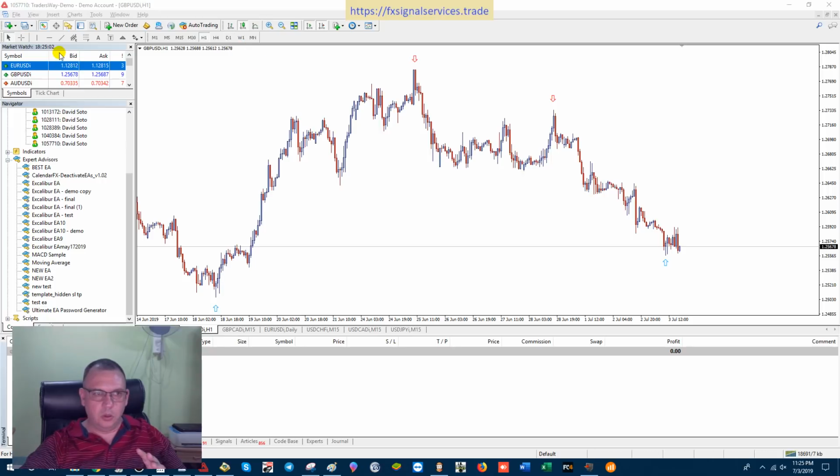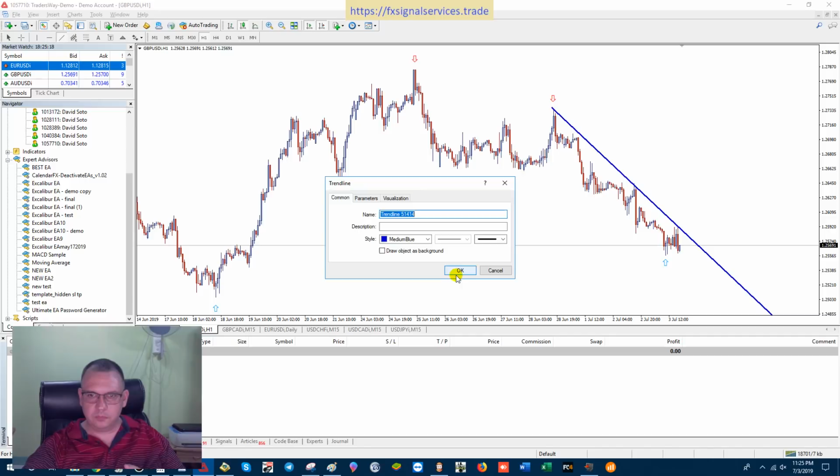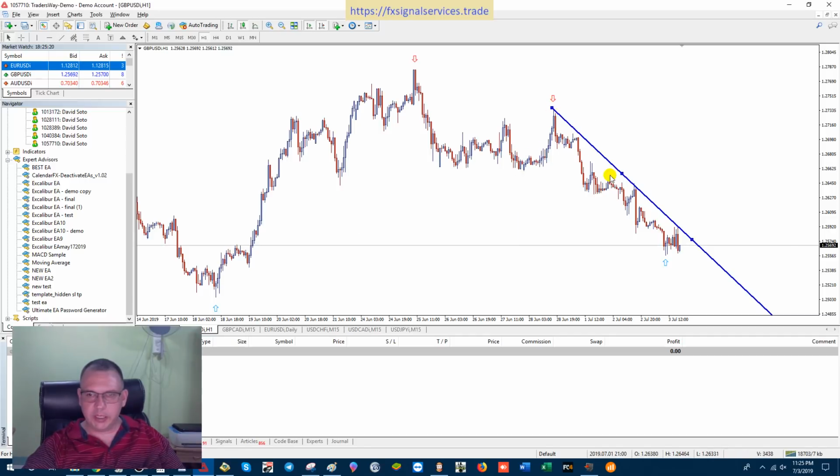Now, first of all, you need to draw your trend line. In this example, I'm just going to draw a downtrend right here, and this is good enough. We have these points to connect, these points, and these points.